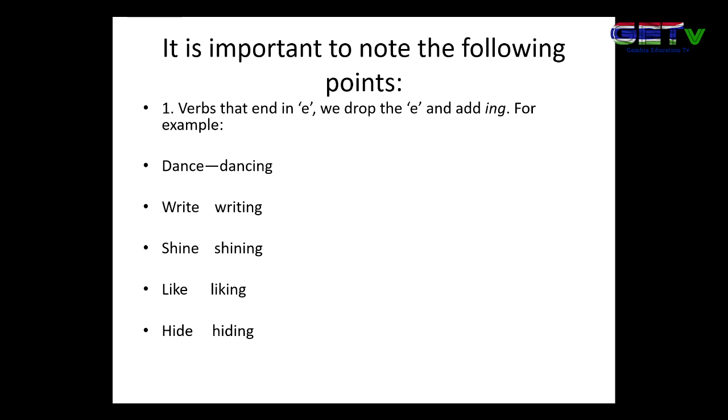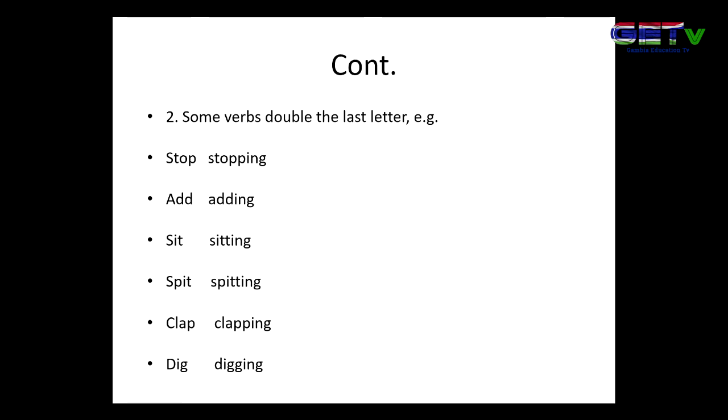You drop the E and add ing. Words that sometimes end with a consonant, we double the consonant in some cases. Like stop becomes stopping. Add, sit, spit becomes spitting. Clap becomes clapping. Dig becomes digging.